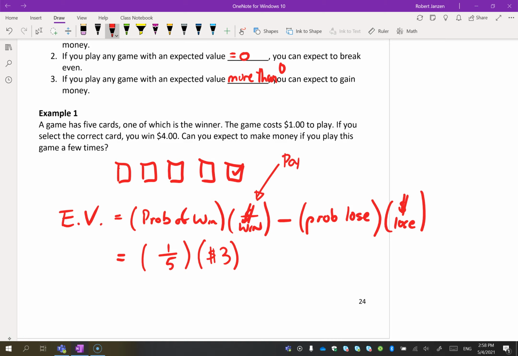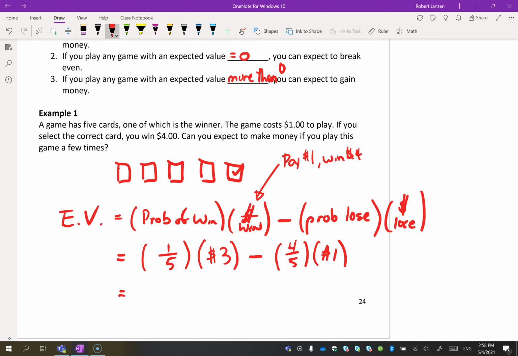Because you pay 1, win 4. So you're only up 3 if you win. Now what is the probability of losing? It's 4 out of 5. If the probability of winning is 1 out of 5, the probability of losing is 4 out of 5. And how much would you lose? Well, you would just lose the $1 that you paid to play.